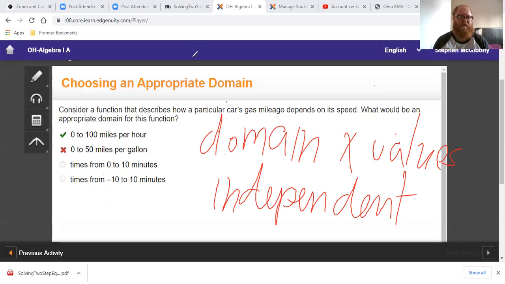So the independent variable is speed, because the speed at which you're driving determines how many gallons of gas you're going to use. So the speed of the car would be anywhere from 0 to 100 miles per hour. Hopefully we're not driving more than 100 miles per hour. So that's an appropriate domain.